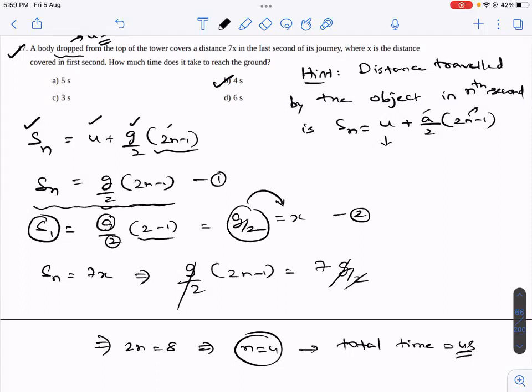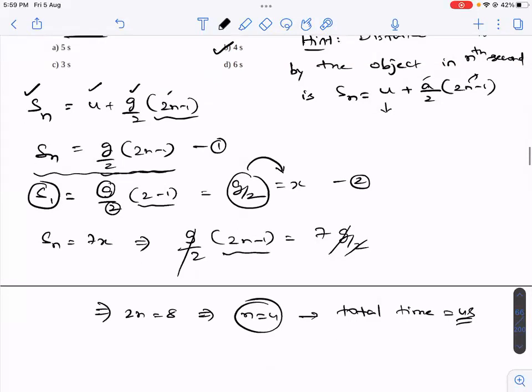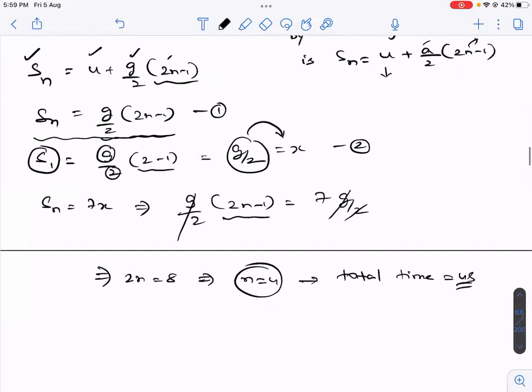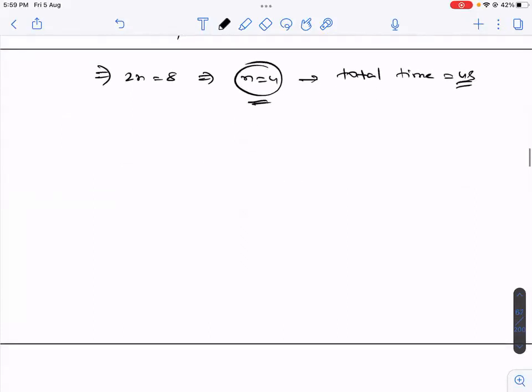And this g by 2 is x, where x is the distance covered by the object in the first second. So S1 is x and Sn is 7x. But what is Sn? g by 2 into 2n minus 1 is equal to 7 times x, which is 7 times g by 2. So g by 2 will get cancelled. When you solve this, you will get n is equal to 4. So it is 4 seconds that the object has taken to cover the total distance.